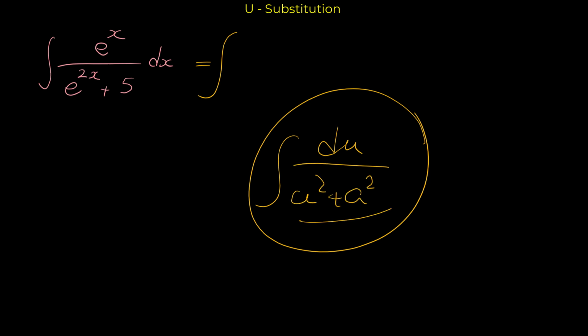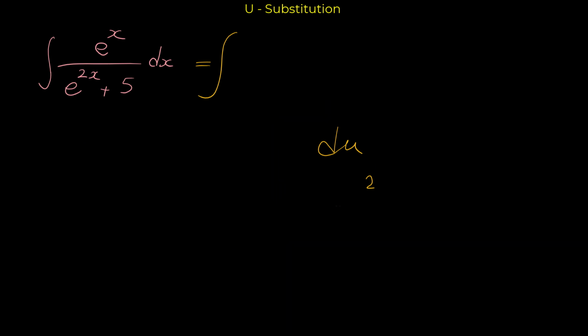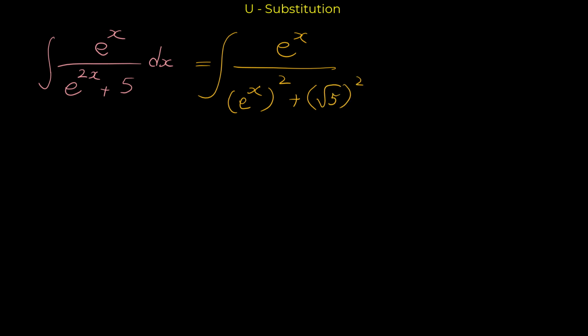I know it's not completely similar, but it's almost. So let's try writing this as e to the x over e to the x all to the 2 plus radical 5 to the 2. We don't know if it works or not.